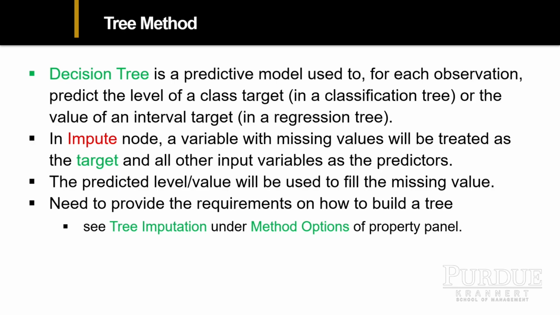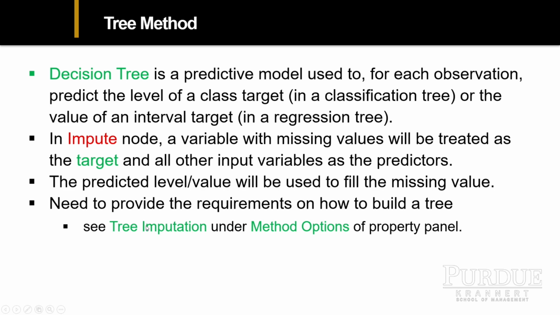In the impute node, a variable with missing values will be treated as a target, and all the other input variables will be used as predictors. Then we fit a predictive model, that is a decision tree, and fill in the missing values with the predicted values.